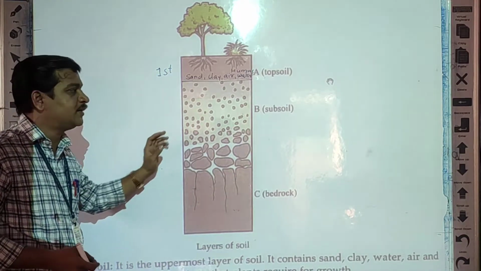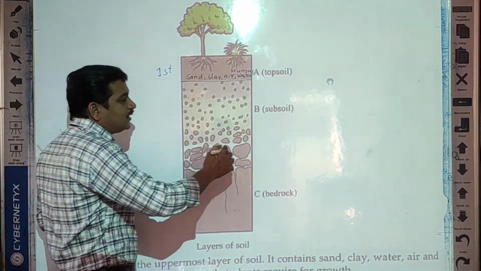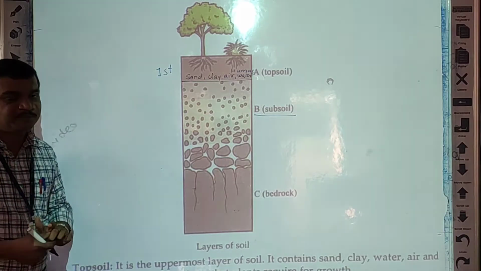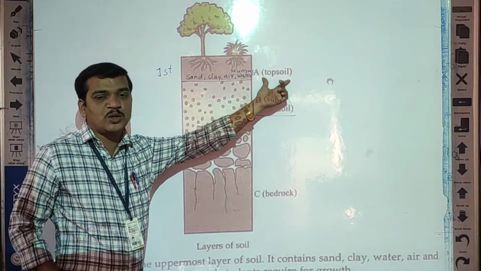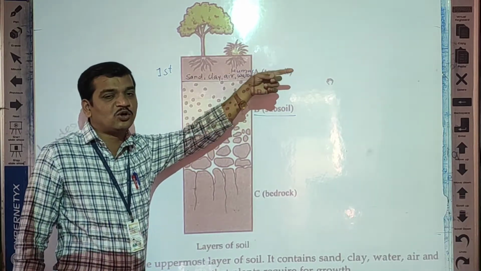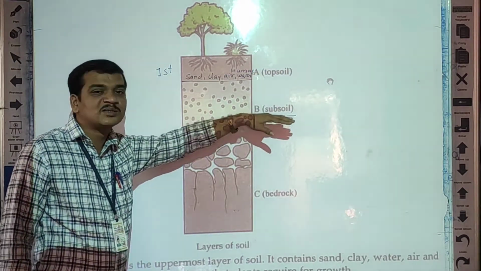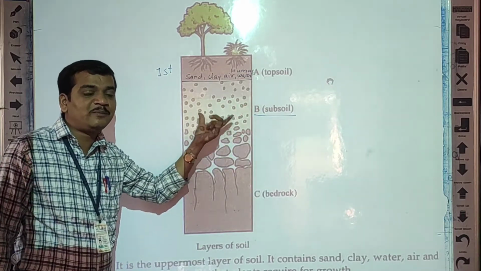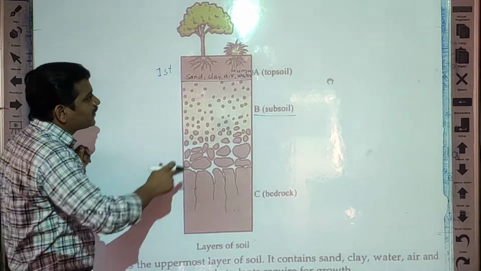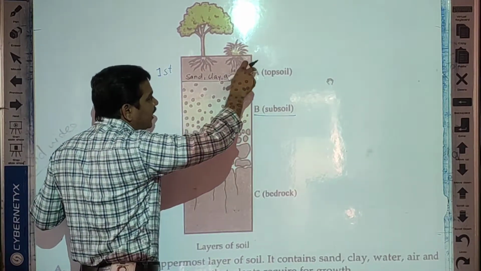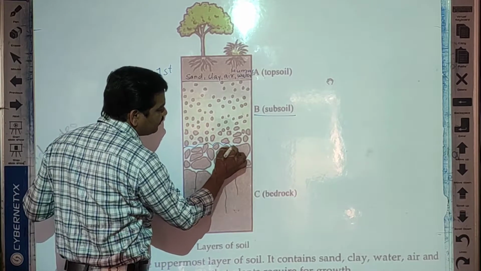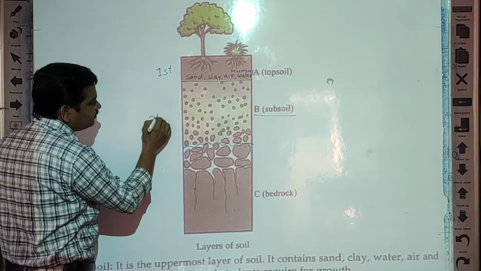Now we go to the second layer. Second layer, B horizon, is also called subsoil. The A horizon or the first layer is also called topsoil. Second layer, subsoil. Now this subsoil is present below the topsoil. Can you see? This is the first layer, and below this first layer there is a second layer. This is called the second layer.